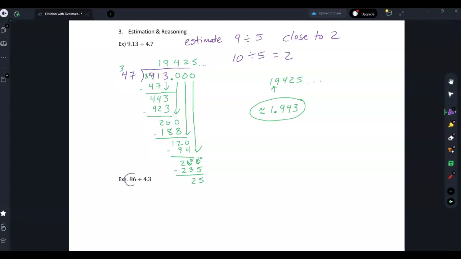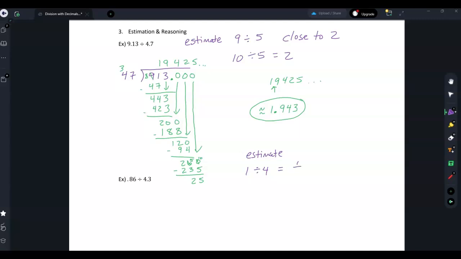So this is 86 hundredths, which is reasonably close to 1. Start with our estimate. And then this is close to 4. So 1 divided by 4. That one's not the easiest thing to do. Like, we're not getting a whole number, but it's not bad, right?